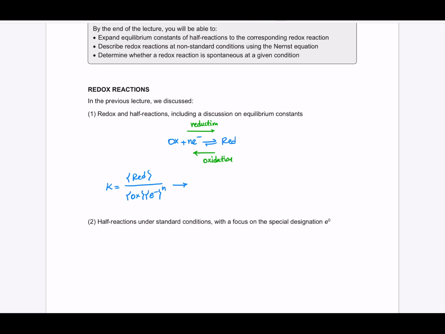And then we also mentioned that we could rearrange it, so that the ratio of the reduced species to the oxidized species can be changed by changing the activity of electron.